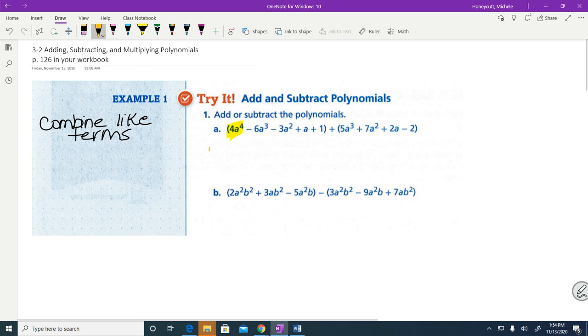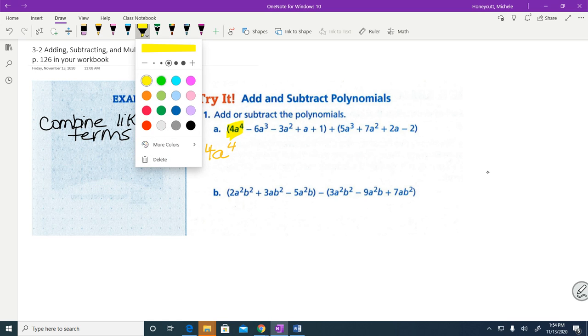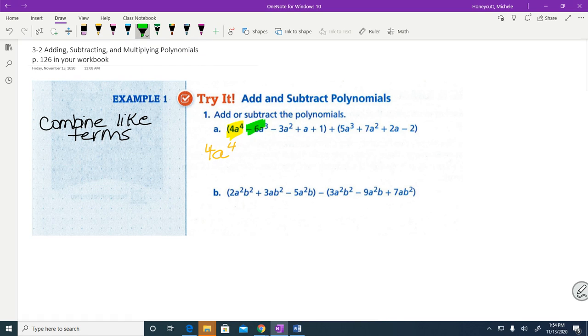So I've got 4a to the fourth. Okay, now let's see. Negative 6a to the third plus 5a to the third is negative a to the third. Oh, that's not going to work out. Negative a to the third.